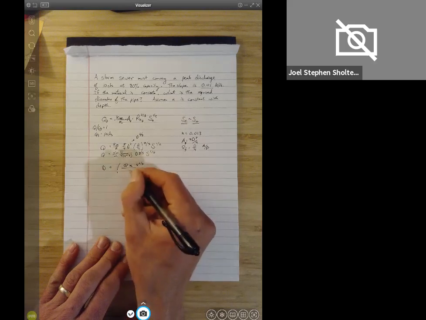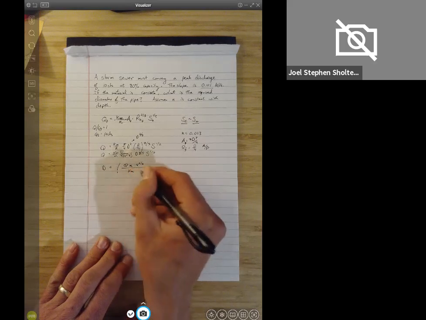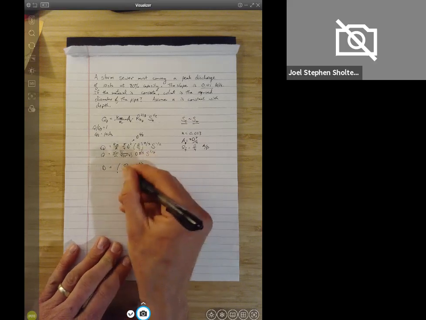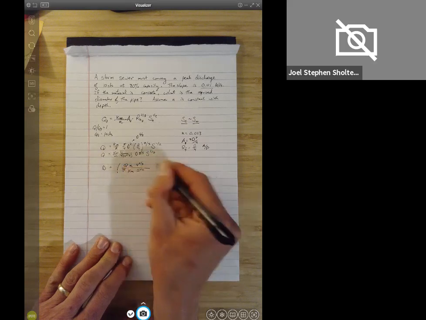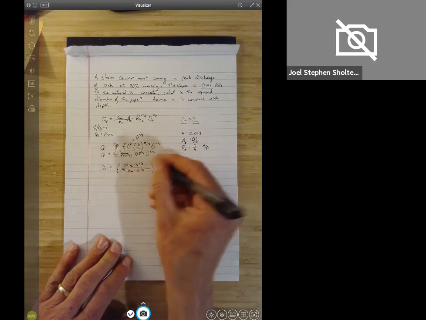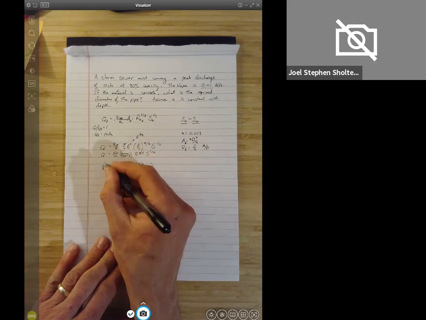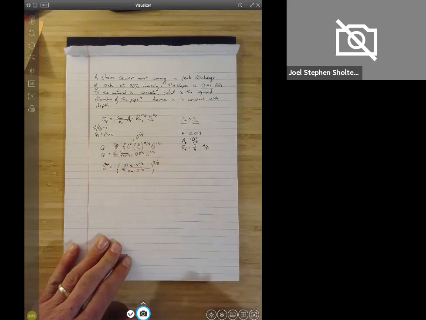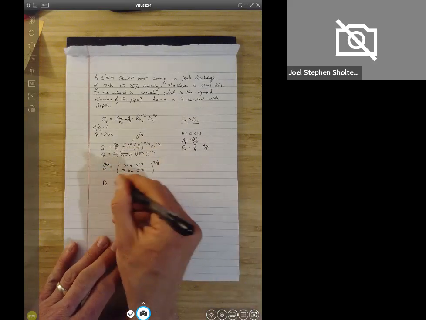And then we'll have on the bottom Km, and then S to the 1/2. And then there's a pi in there as well. Okay, so now this was d to the 8/3, so cross that out and make this 3/8. And then we can plug our numbers in and solve.